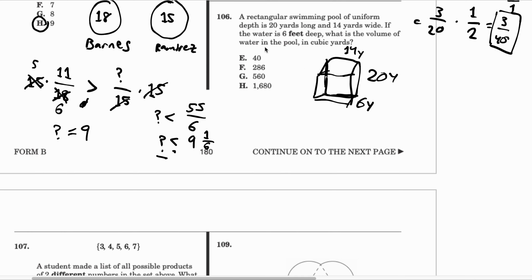And we want to know the volume of water in the pool, right? So we have this water that fills the pool, and we want to know its volume. So the volume of a three-dimensional box, we just take each of the dimensions and we multiply them together.